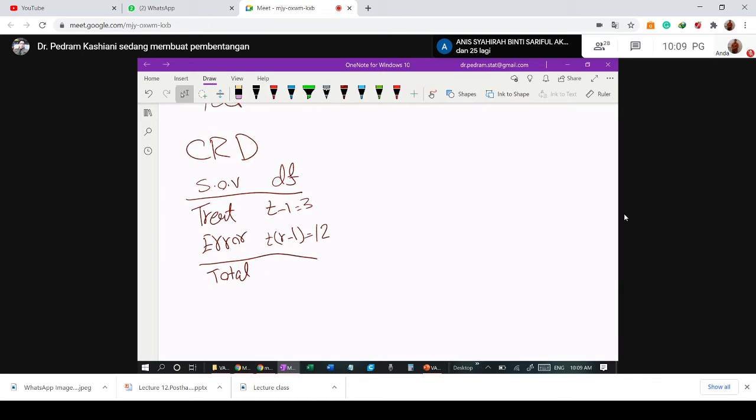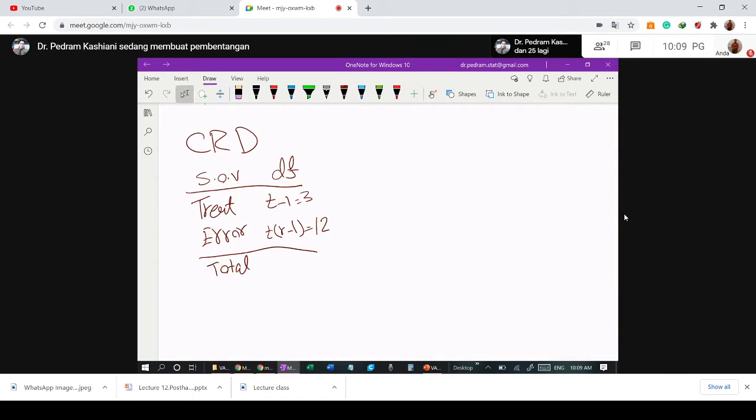This is our CRD. When I go to RCBD, I add another thing to my source of variation and my degrees of freedom. I have a new thing, we call it block. Just to be easier later to conclude, I want to keep treatment up there always.